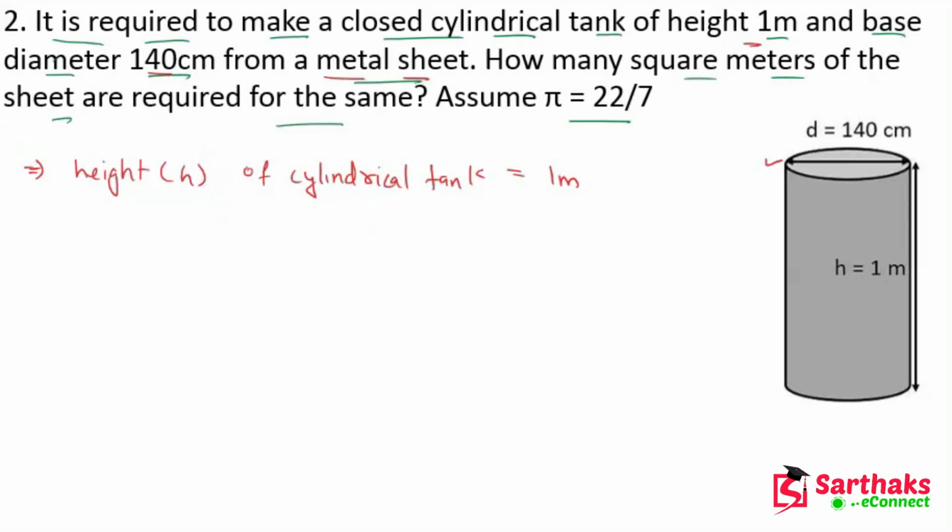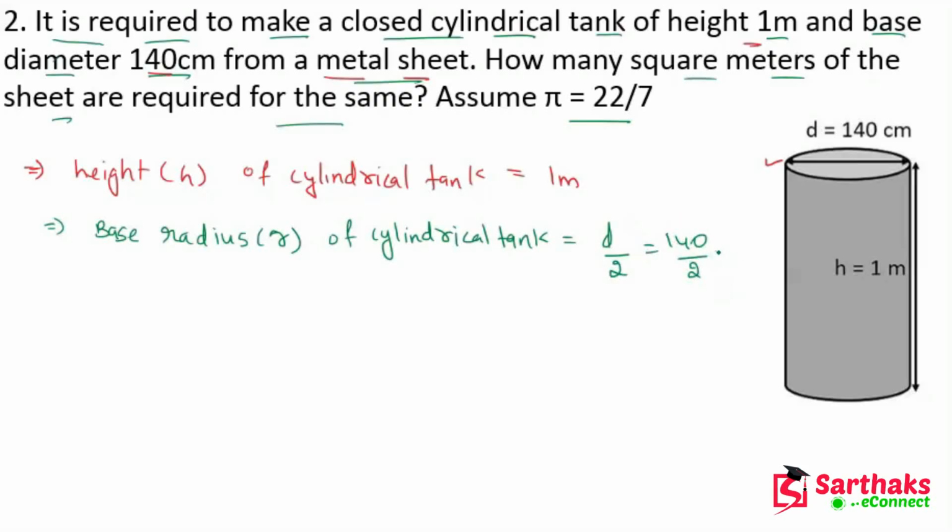And the base radius, we are assuming this is r. Base radius of the cylindrical tank is equal to, we know that this is diameter upon 2. Diameter is 140 divided by 2. So this is equal to, yes, 70 centimeter.